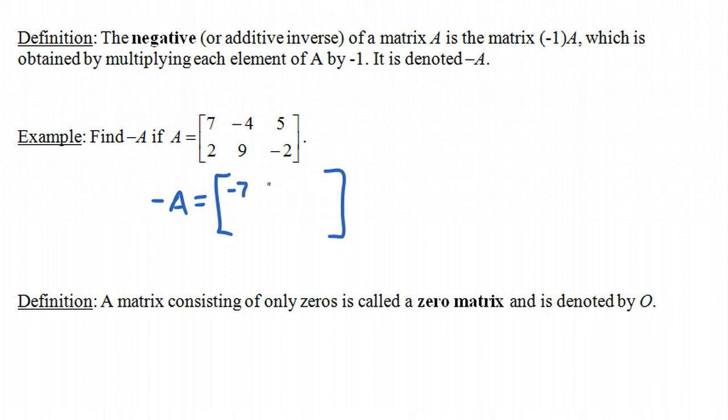We'll get -7, 4, -5 in the top row, -2, -9, sorry, that's a 9, and +2 in the bottom row. So taking the negative of a matrix is very simple. You just change the sign of each entry in the corresponding matrix.